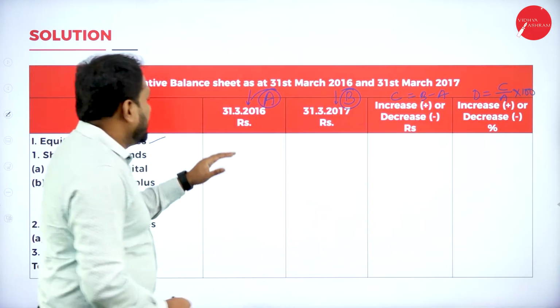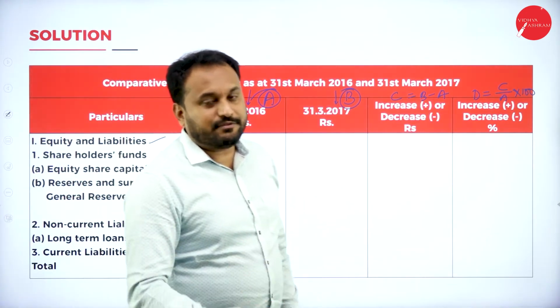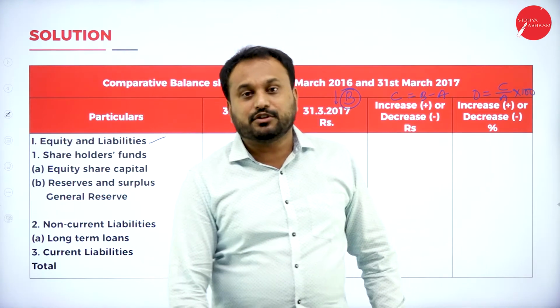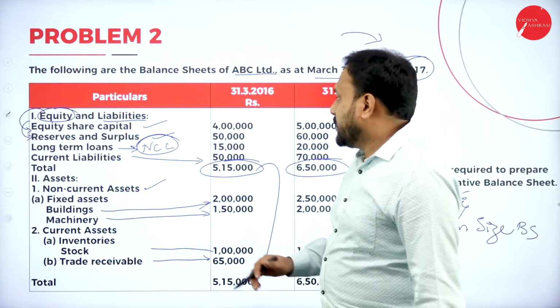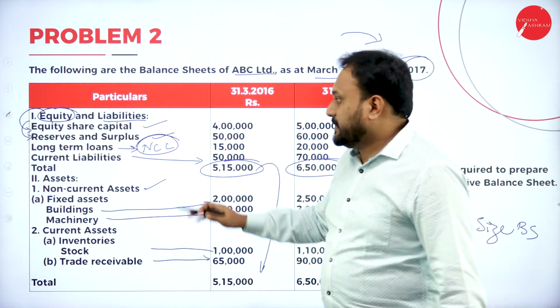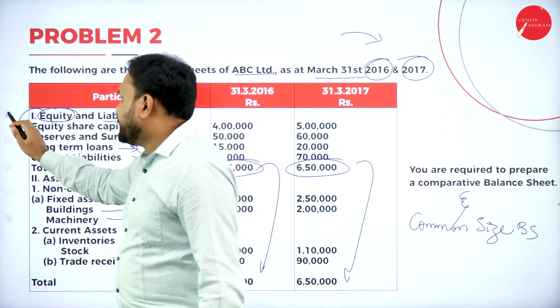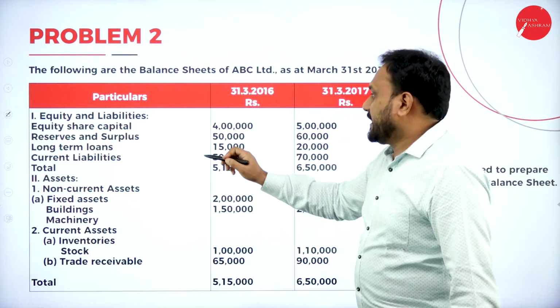So let's go with the copy paste thing, right? You have your question paper, you have your answer sheets. Now you have gone with your tabulation. Let's go with the first one. Shareholders fund, in that we have equity share capital and then reserves and surplus. Let me just erase everything for you right now. I hope you all got this. Now equity share capital is how much?